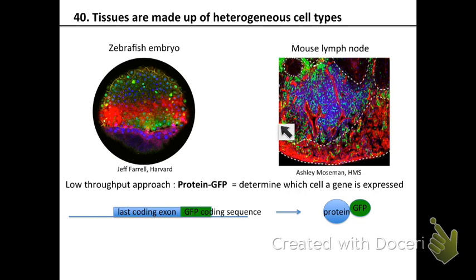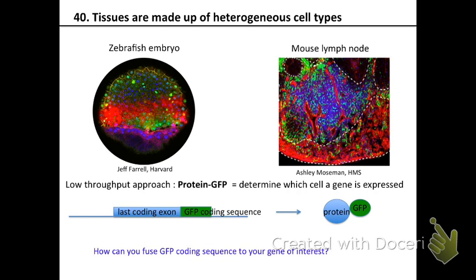The trouble is same as southern blot or in situ hybridization. You can look at a few proteins at a time, right? But you can look at a few genes at a time, and it's a lot of work to make transgenics. If you want to do it in a high throughput manner, you need another assay.